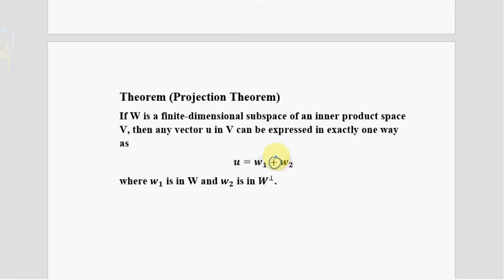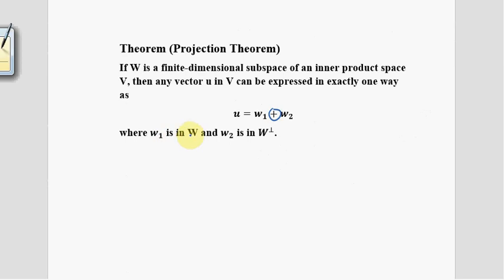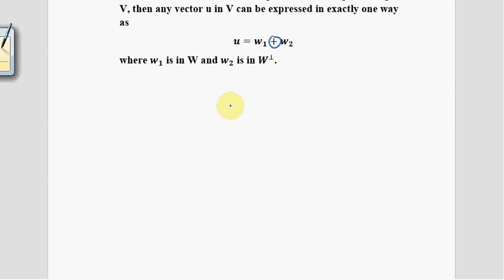Let's see if I can illustrate it here. W sub 1 is in W, and W sub 2 is in the perpendicular or the orthogonal complement of W. Let's see if I can draw it out here. So here I have this plane. This is a subspace, W. And here, this is U. That's the resultant.